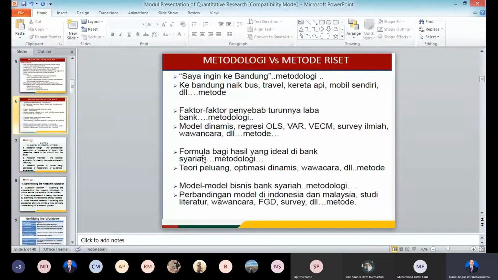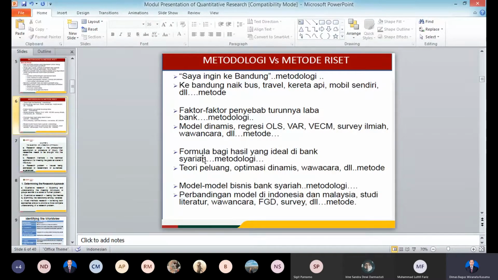I don't know about the papers that you have written so far in your previous classes. Are they considered qualitative or quantitative? For example, "faktor-faktor penyebab turunnya laba" is the methodology, and the regressions, OLS, VAR, VECM, survey, interviews are methods.